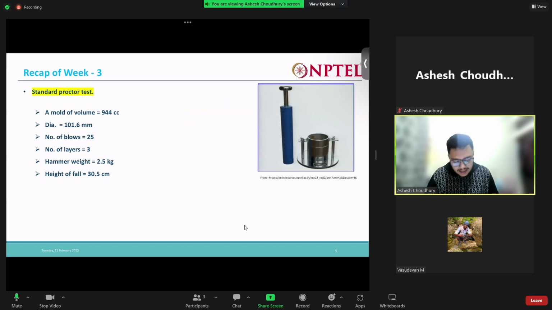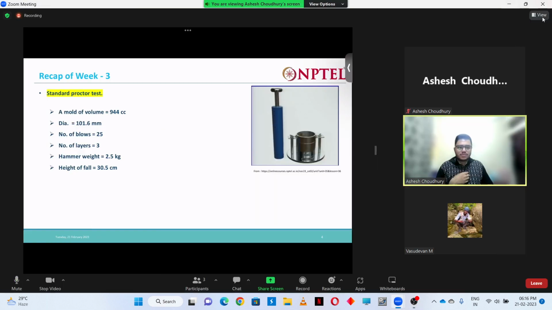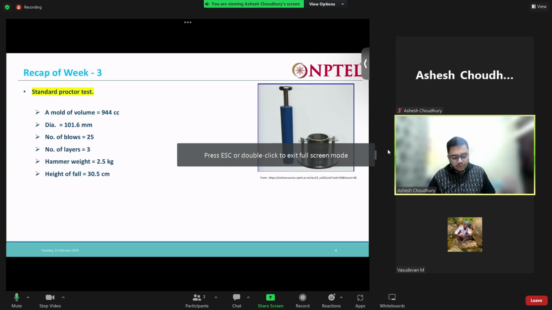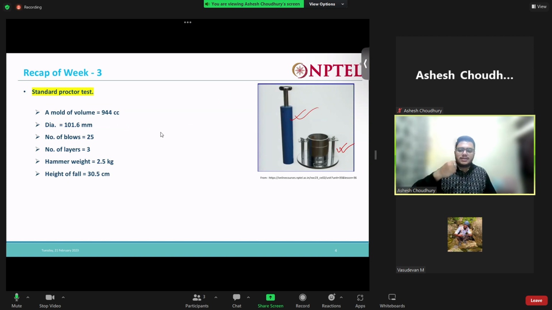So this is the apparatus which I was talking about. The Proctor apparatus consists of a mold, and this is a rammer. This rammer is actually used to compact the soil.